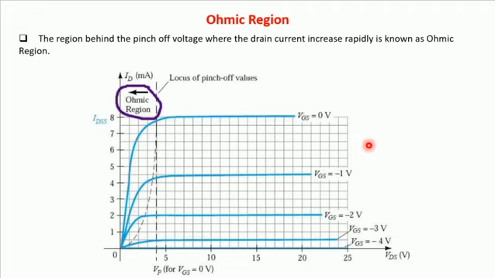One more region is the breakdown region. After this value, the JFET will be in the breakdown region. How can we get that region? When the drain source voltage is high enough to cause the JFET's resistive channel to break down and pass uncontrolled maximum current, that value is considered the breakdown region.